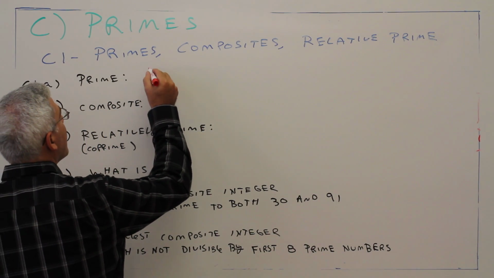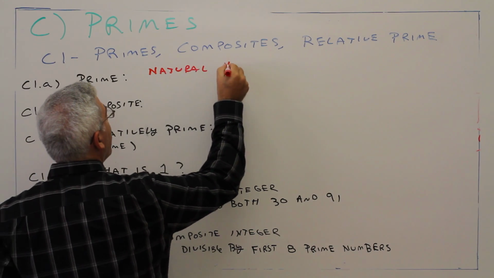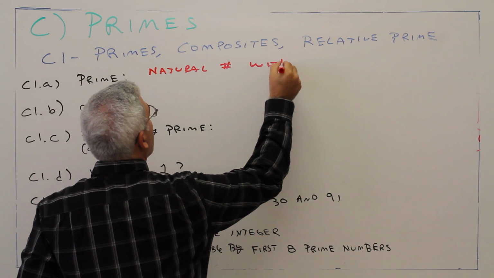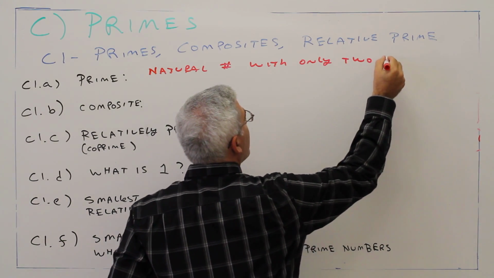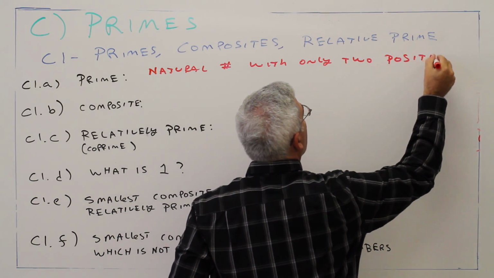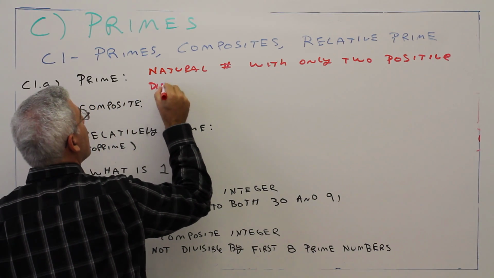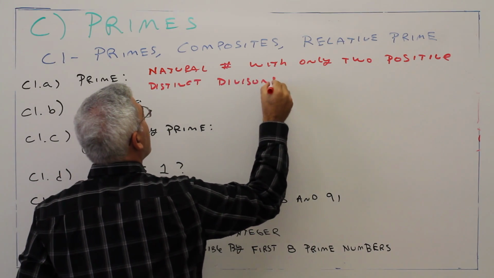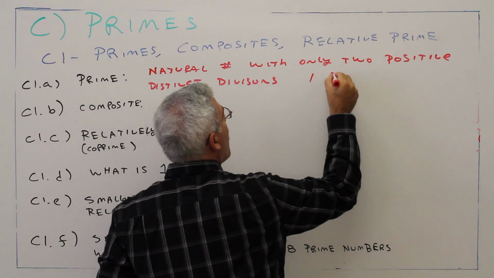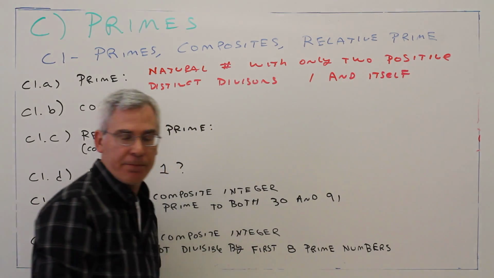All right, first definition of a prime. It is a natural number with only two positive, distinct divisors of 1 and itself.